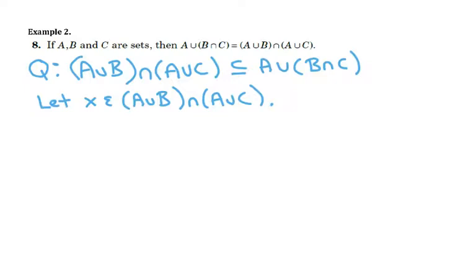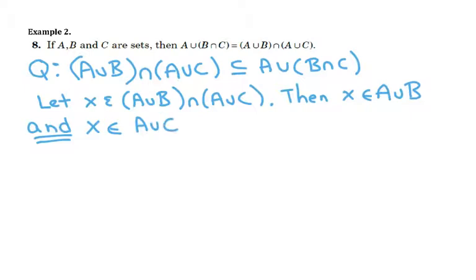So all we have to go on is, what does this mean about x? Well, then x is in A union B, and x is in A union C.